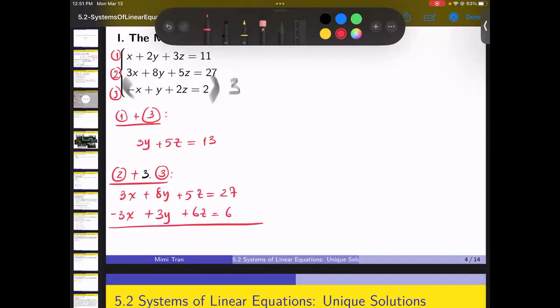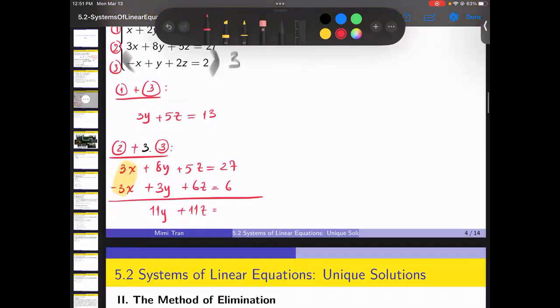Now you add. X should be gone. If it's not, something is wrong. X should be gone. 8y plus 3y is 11y. 5z plus 6z is 11z equal 33.